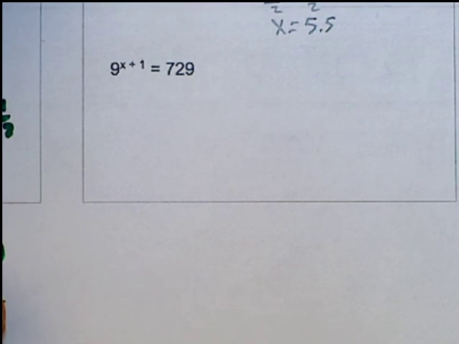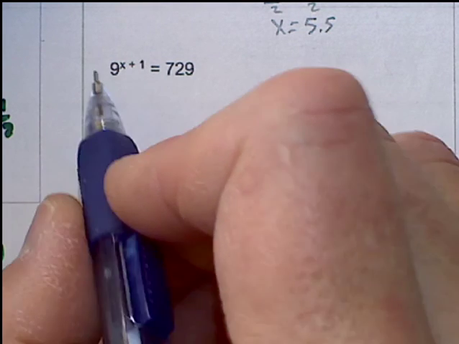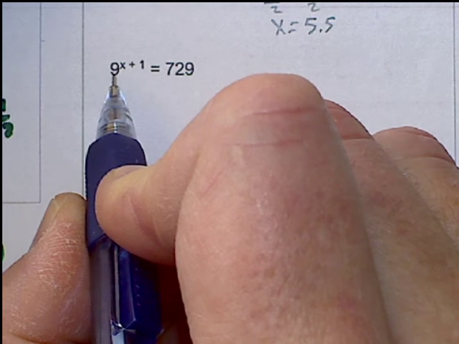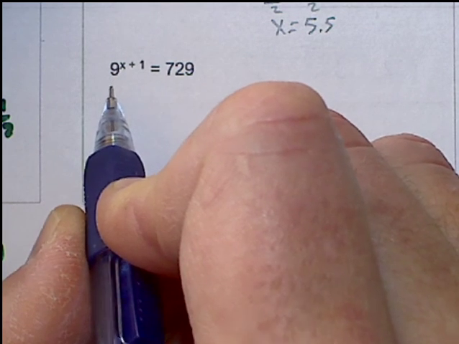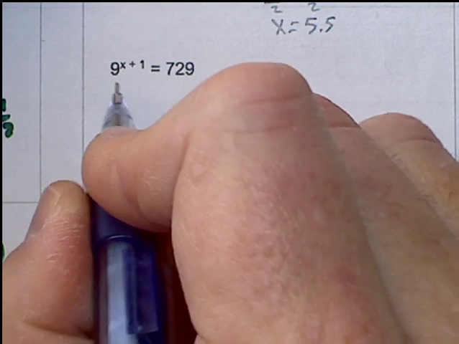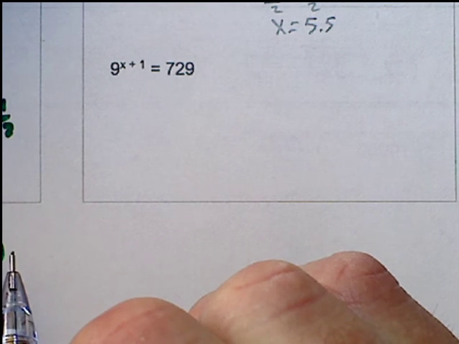And last example here before I unleash you on your own. I looked at this a while ago as I was going through my notes and I thought, gee, where did he get a g? But no, it's a 9. 9 to the x plus 1 equals 729.